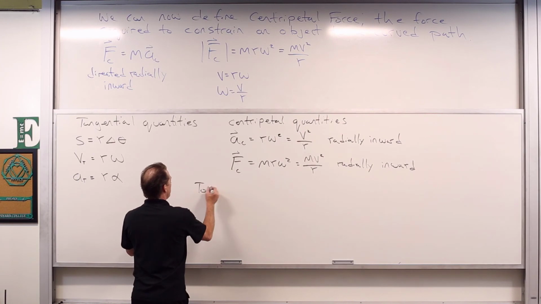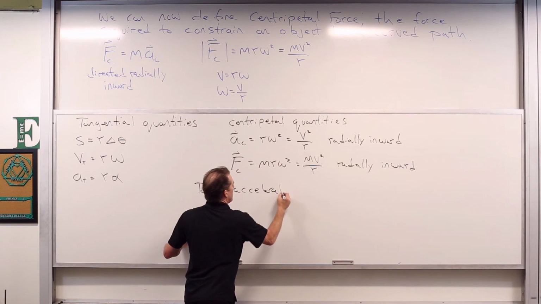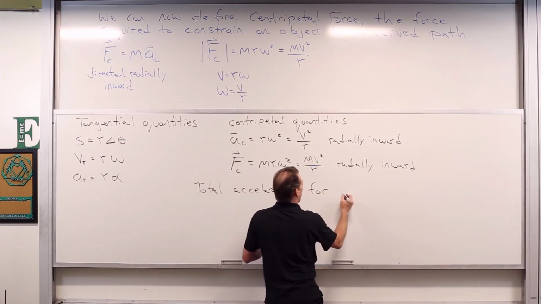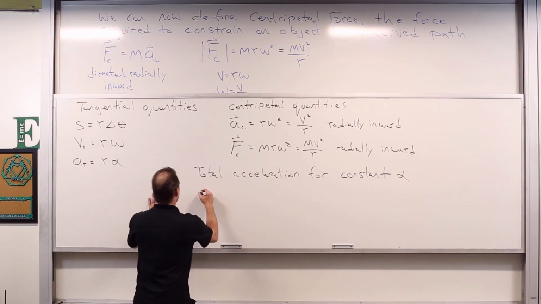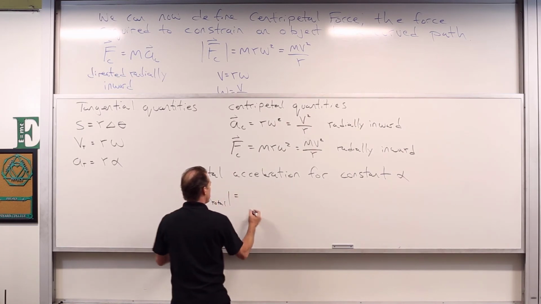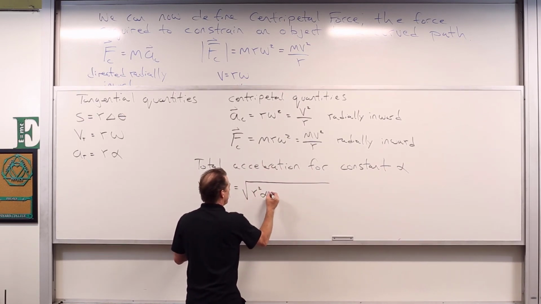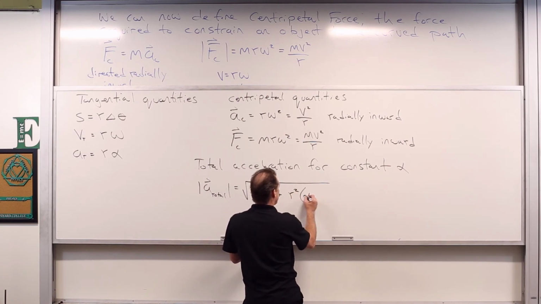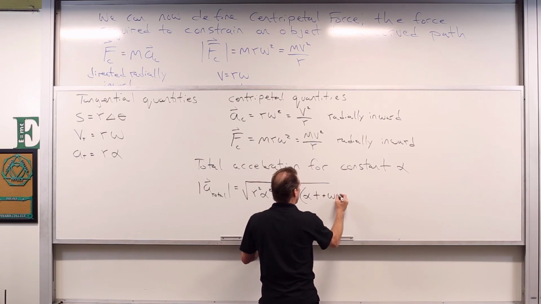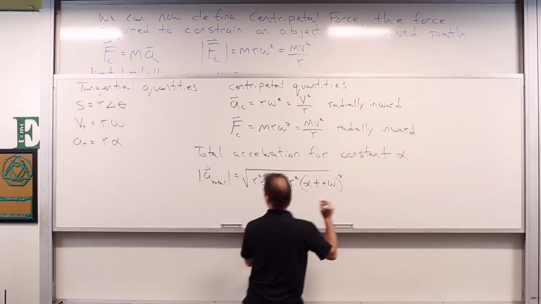Total acceleration for constant angular acceleration. We've got the magnitude of the total acceleration is equal to the square root of r squared alpha squared plus r squared times (alpha t plus omega initial) quantity to the fourth, not squared, excuse me, fourth.